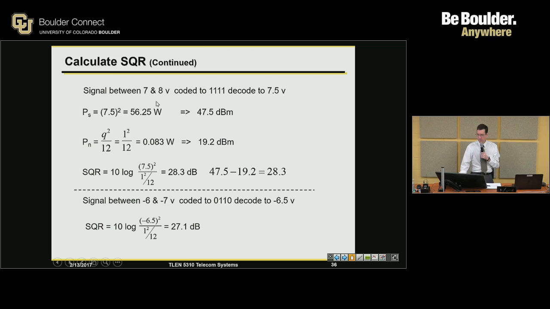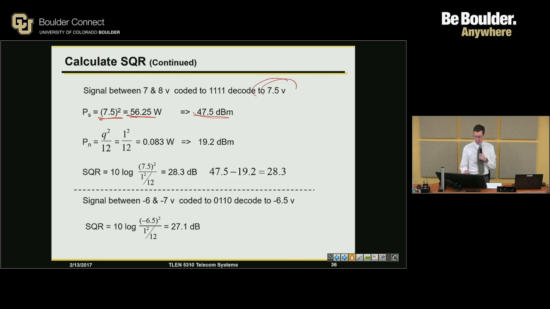So if I do that, let's say that decodes to 7.5 because it's right in between. And if I want the power of the signal there, I take it and I square it, and I get 56.25 watts. I convert that to dBm, and I get 47.5 dBm. Now I want to know what is my noise power. My noise power is going to be based on Q, which is 1 volt.